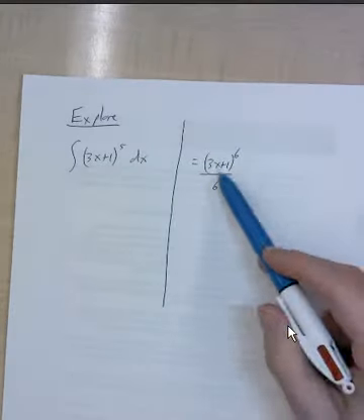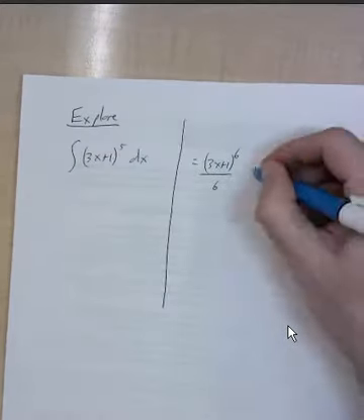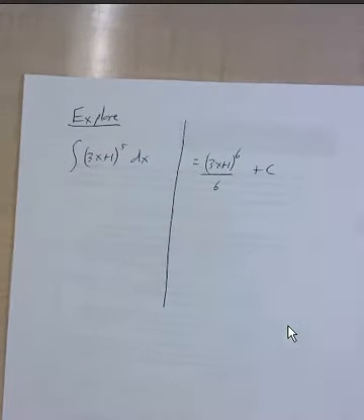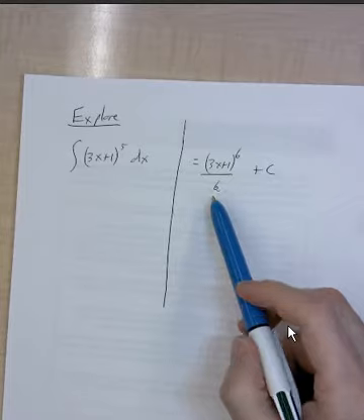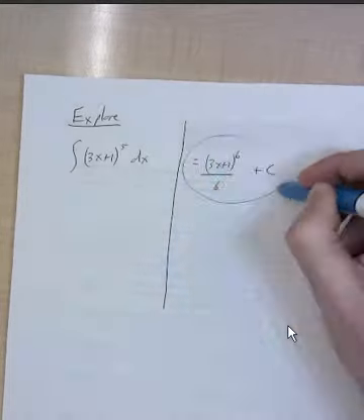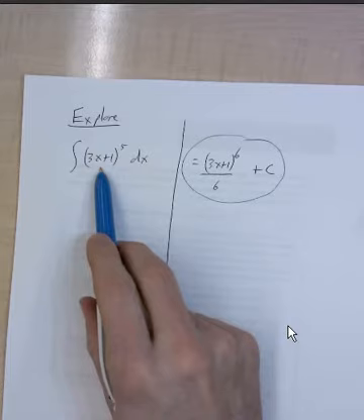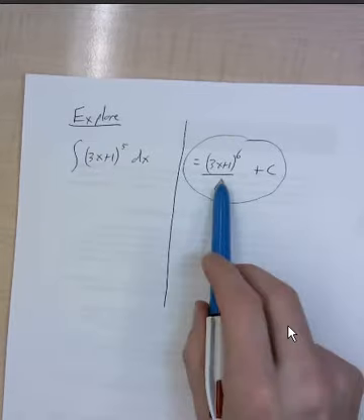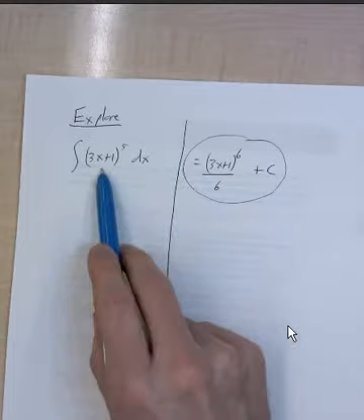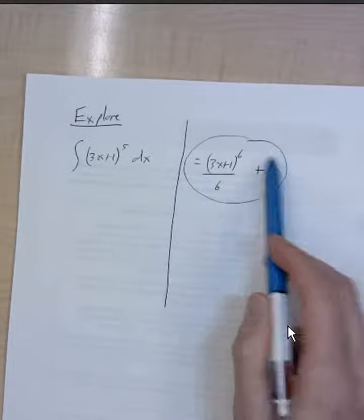So if that's true, then the derivative of this must be that. Would we agree? Okay, so if this is really the answer to this integral, then working backwards, if we do the derivative of this, we should get that. Well, then let's find out.